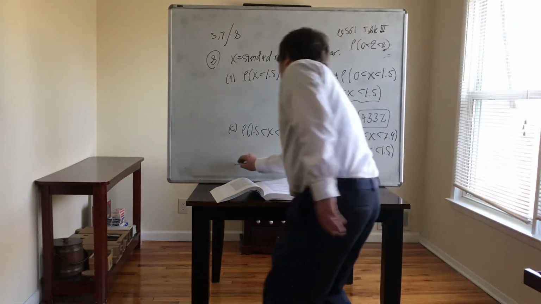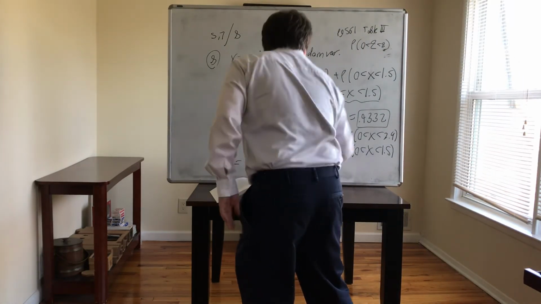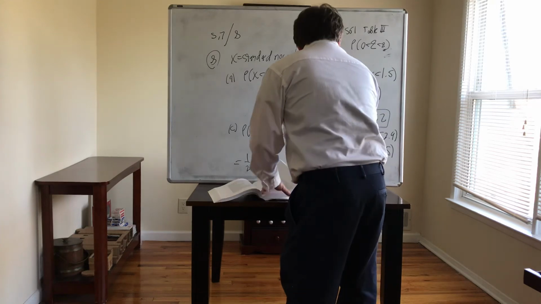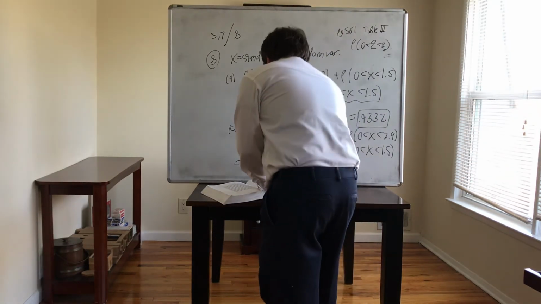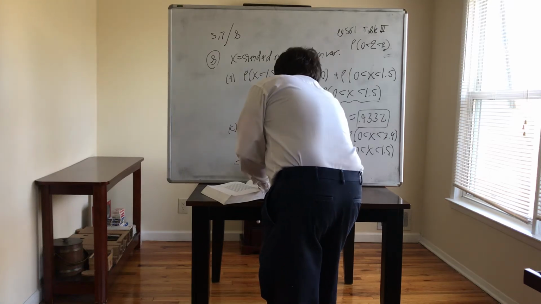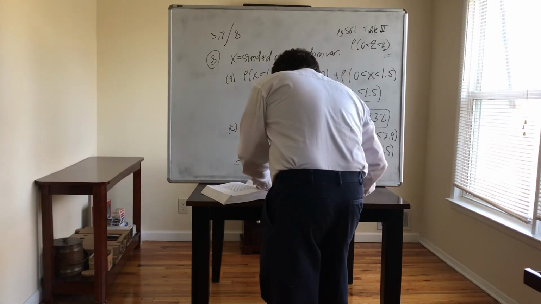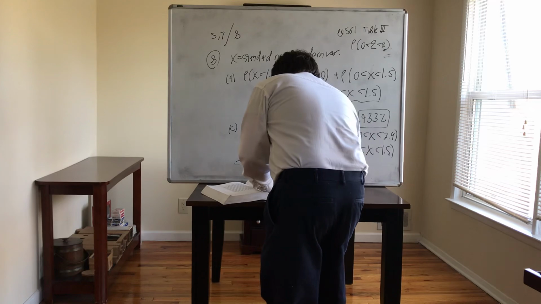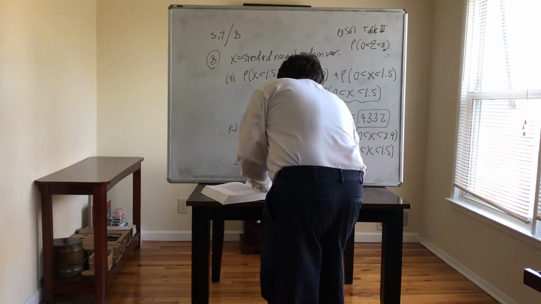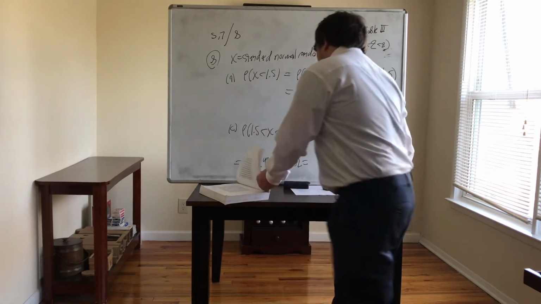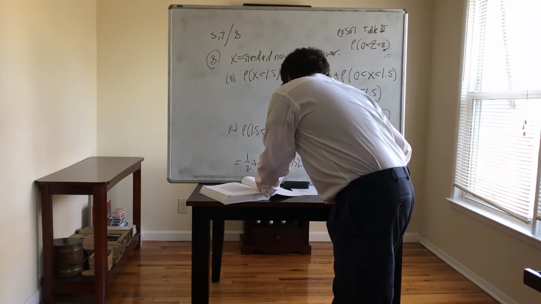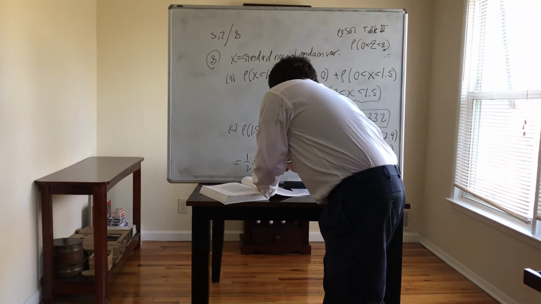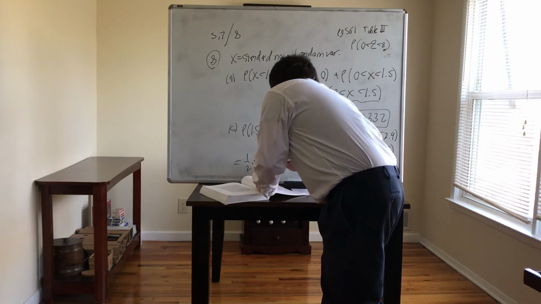Okay, and so that's equal to 1/2 plus this probability, which is 2.14, and so that table says it's 0.4918, minus the probability it's up to 1.5, which is again 0.4332.